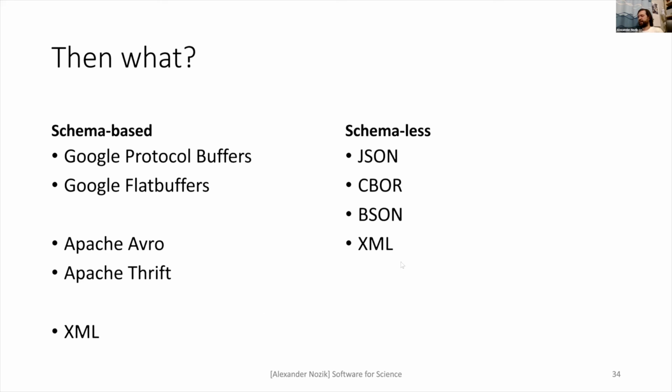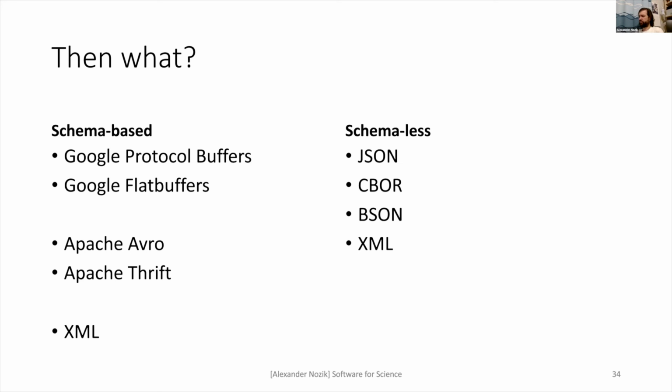For example, SOAP, but there are a lot of other tools, not only SOAP. There are JSON schemas as well, but they are not as thoroughly developed as XML schemas.